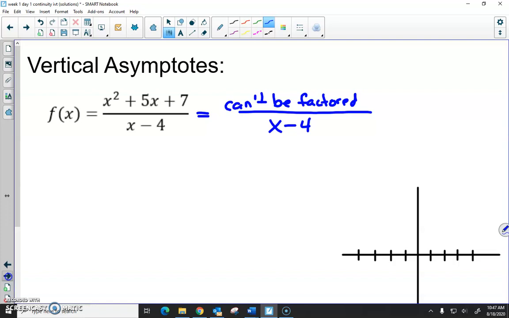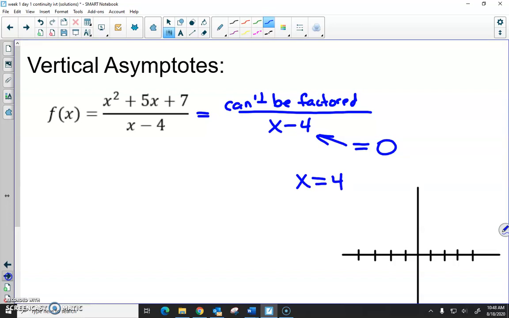Since my denominator of x minus 4 can't be simplified with anything from the numerator, I'm going to have some type of vertical asymptote when my denominator equals 0. And so the value of x that causes my denominator to be 0 is x equaling 4.